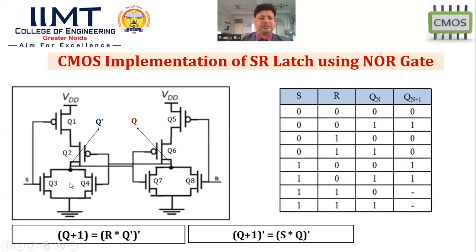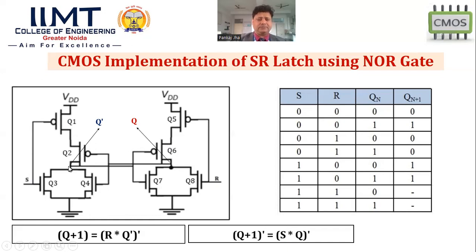Okay, so let's understand with an example. Suppose the values of S, R, and Qn are 0. When we apply 0 here and 0 at Q, this circuit will not operate because it goes into cutoff mode. Then VDD will come across Q1 and Q2.